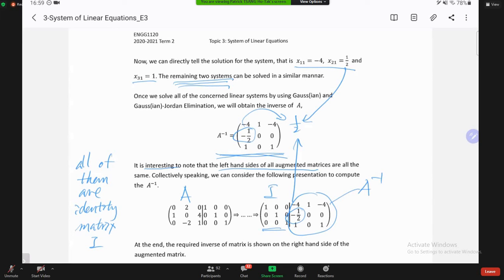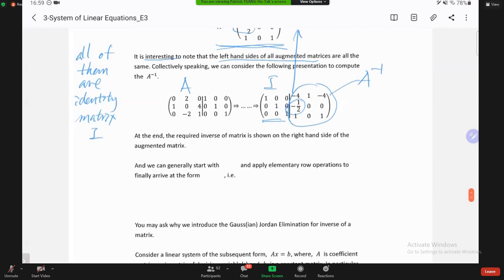So by observing this, we have the following observation. Whenever we want to find the inverse of a particular matrix A, we can always consider an augmented matrix like this.